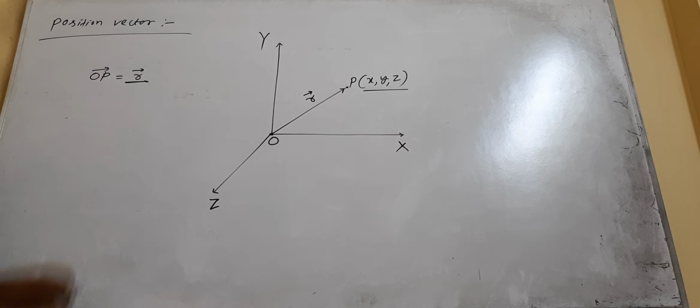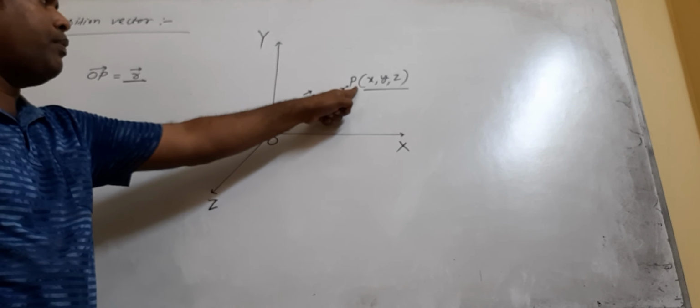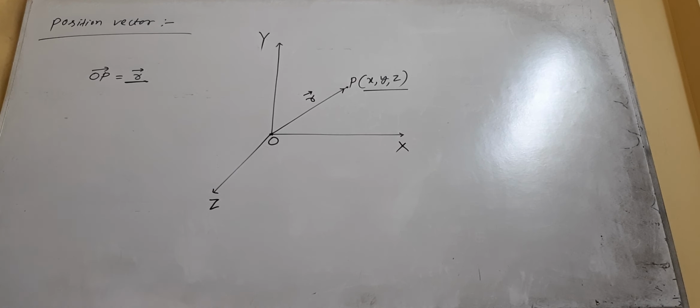This R vector is considered as the position vector of the point P with respect to the origin O.